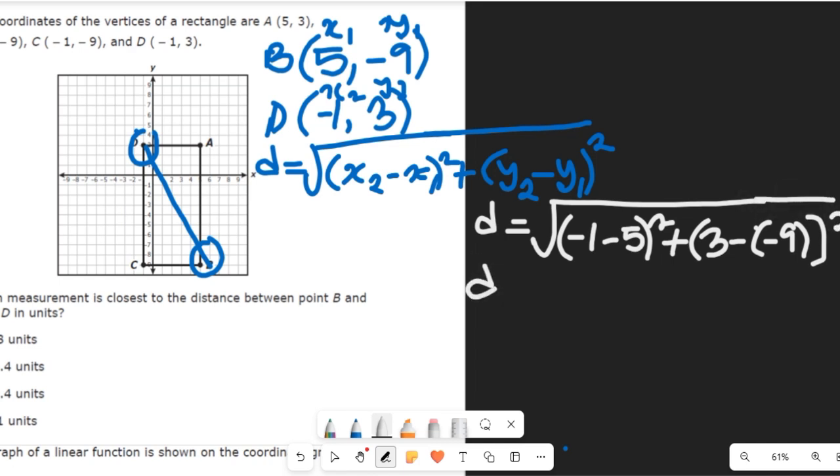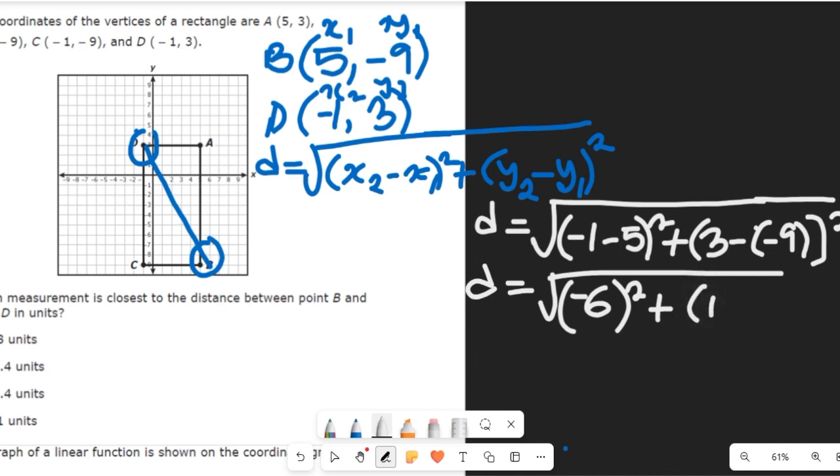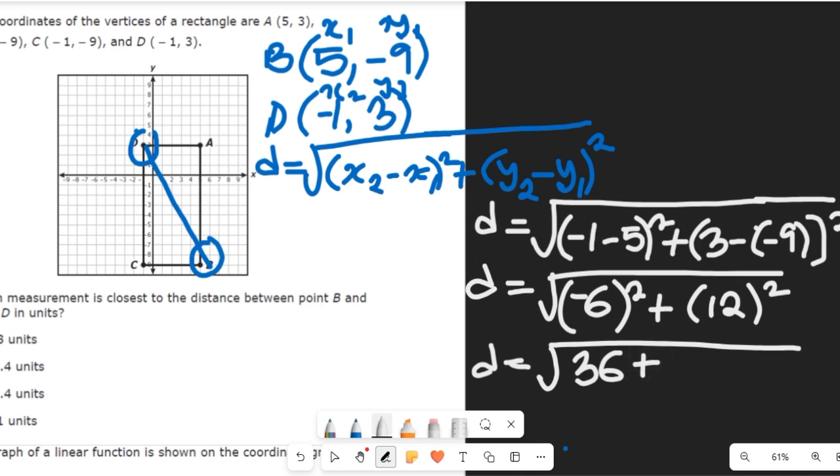So the value of d will be equal to the square root of (-6) squared plus (3 plus 9), which gives us 12, squared. So d is the square root of: negative 6 squared is positive, 6 squared gives us 36, plus 12 squared gives us 144.